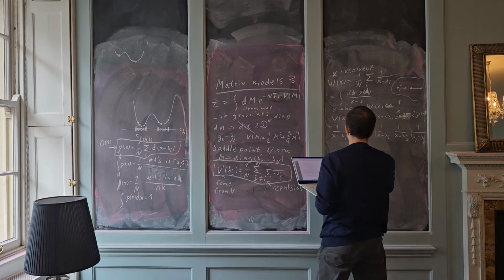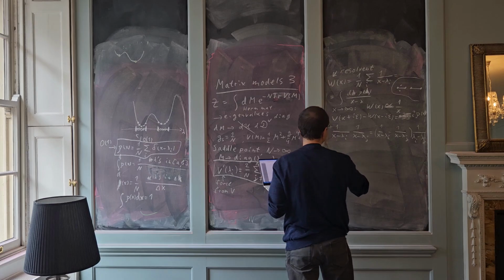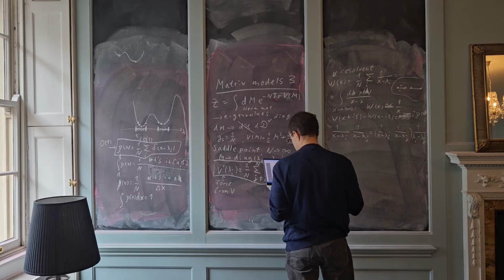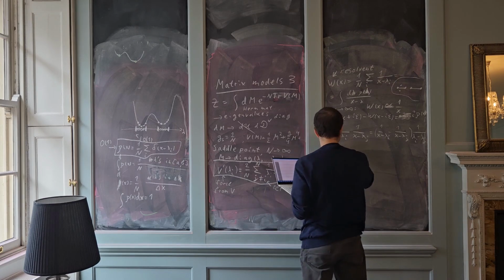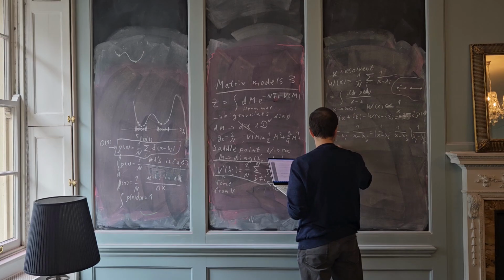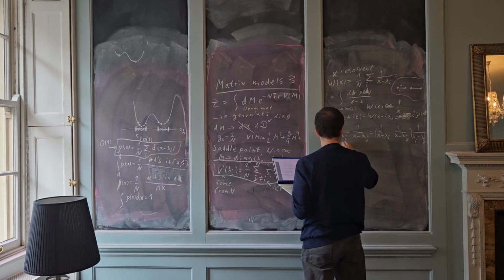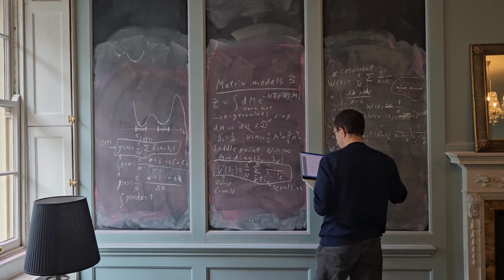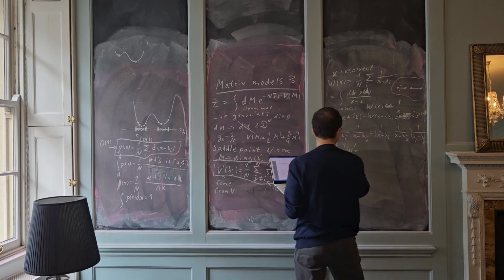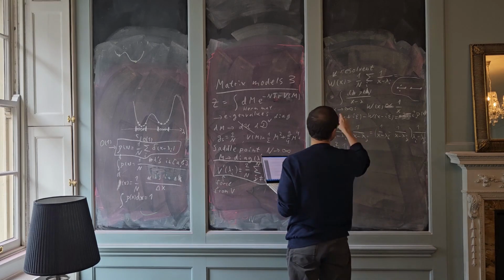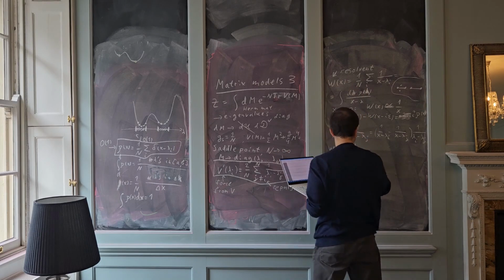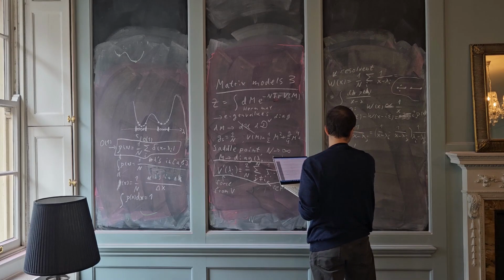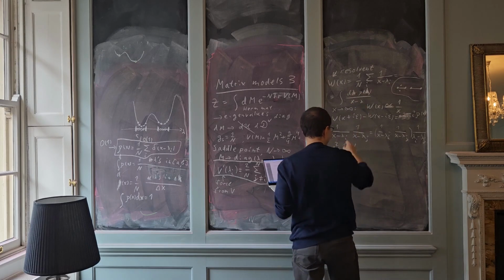So now in practice, what we do is the following trick. Let's consider the combination w squared plus 1 over n w prime. Let's write it out. First of all, w is of order 1 over n, so w squared will have 1 over n squared.